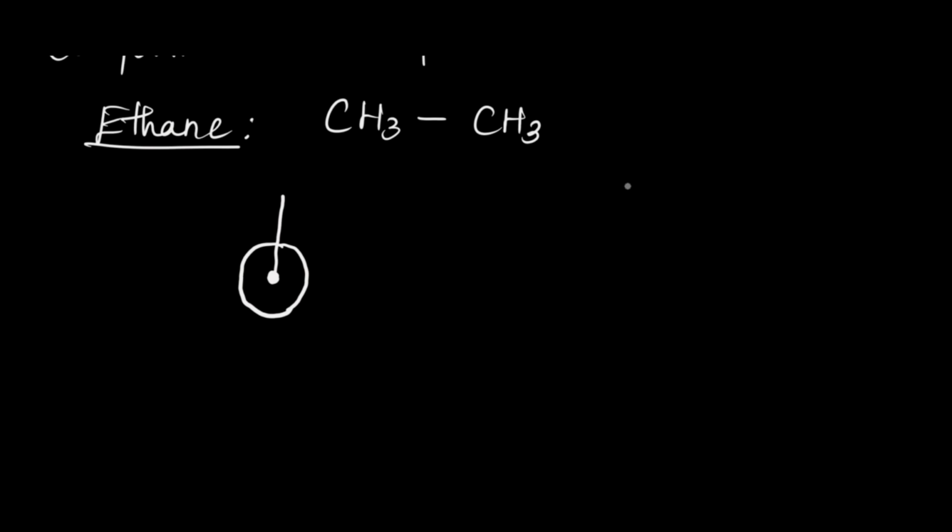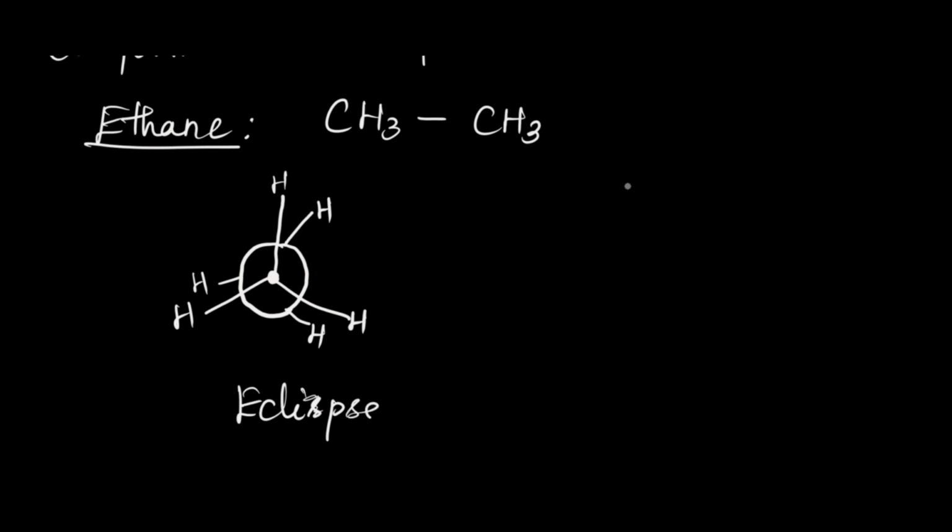So I am writing the hydrogens for this carbon and hydrogens of the other carbon. Okay, so here you can see the angle between the substituents, the hydrogens, is very small. This type of conformation is called eclipsed.